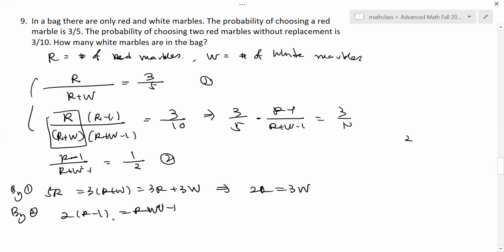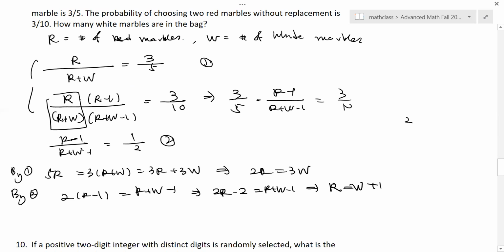Then you simplify a little bit. So you get 2R minus 2 equals R plus W minus 1. That implies R equals W plus 1.